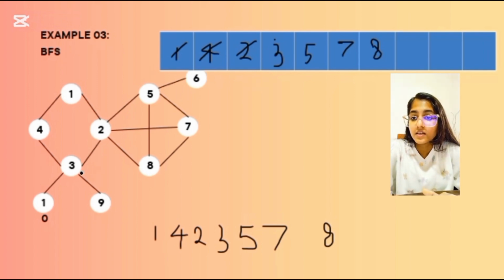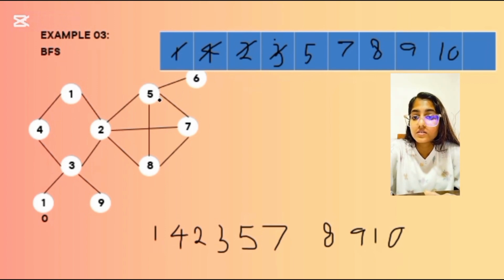You can see that the adjacent nodes for 3 are 9 and 10, so you must write 9 and 10 here and also here. There are no more adjacent vertices for 3, so you can remove 3 from this queue. The next node you must visit is 5, so you must start exploring 5.